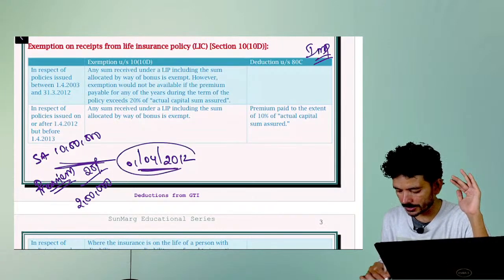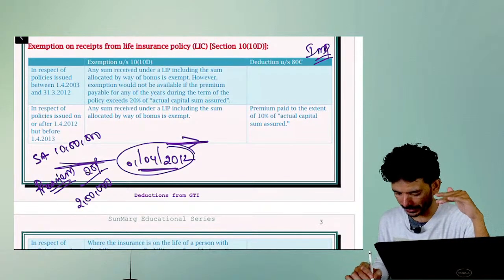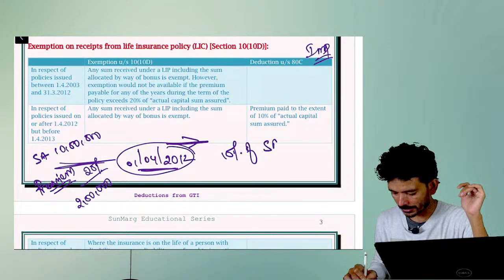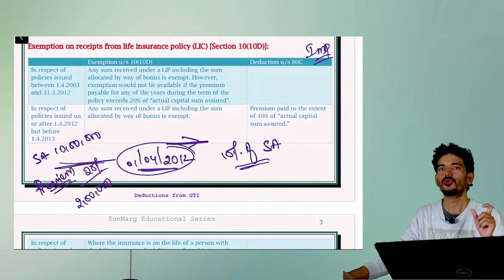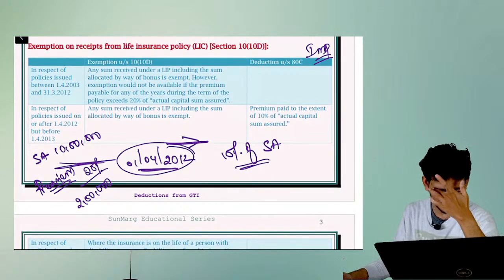But if you take any insurance policy on or after this date, 1st April 2012, it is 10% of sum assured. Just remember the percentage and the date, nothing else is important here.